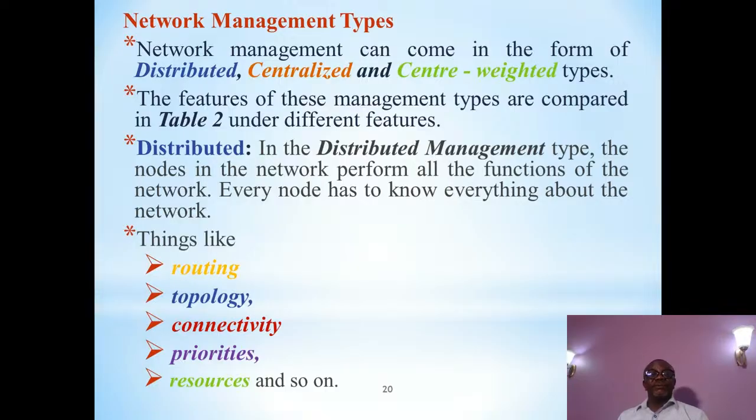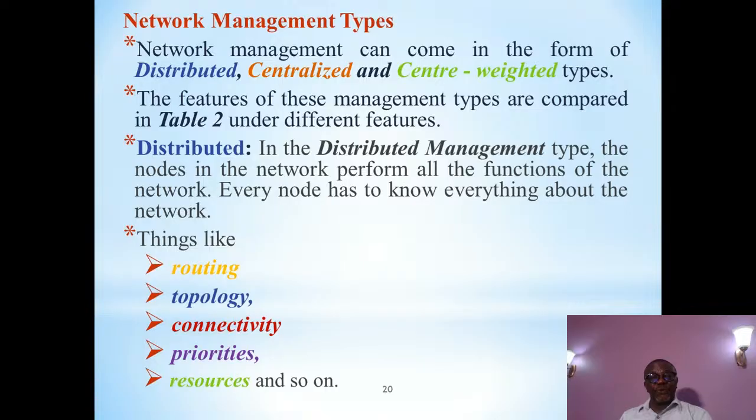So now, what are the telecommunications network management types? The management types can come in the form of distributed, centralized, and center-weighted types. The features of these management types are compared in Table 2 under different features.